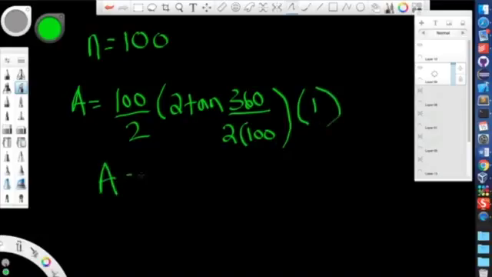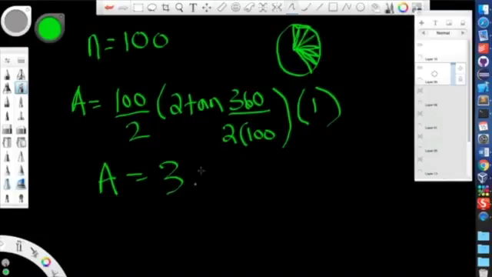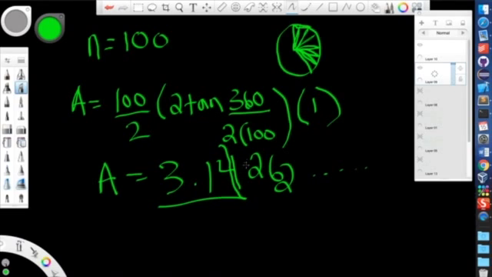The area of a circle full of 100 tiny triangles will actually equal, when typed into a calculator, 3.14262, and so on. Awesome. We reached our number. We reached pi.